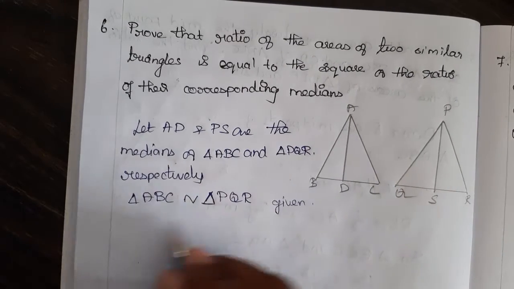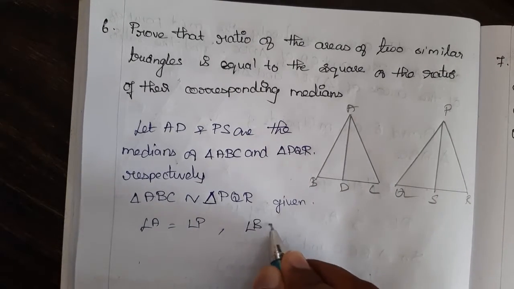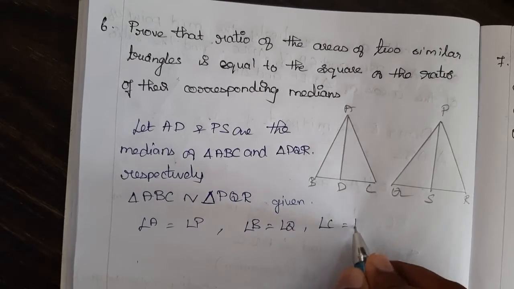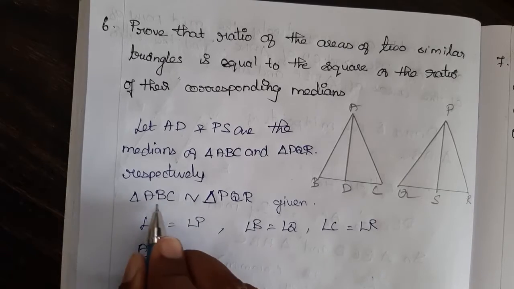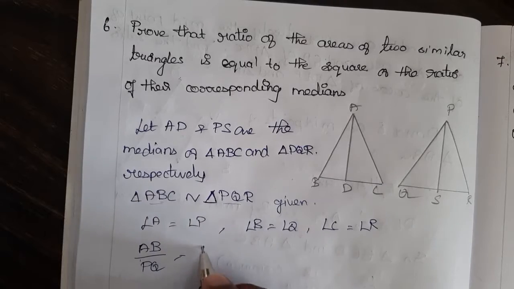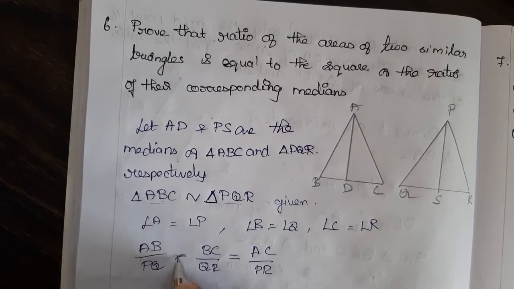So if it is given, we can say that angle A is equal to angle P, angle B is equal to angle Q, and angle C is equal to angle R, and also the ratios AB by PQ is equal to BC by QR, which is also equal to AC by PR, right?